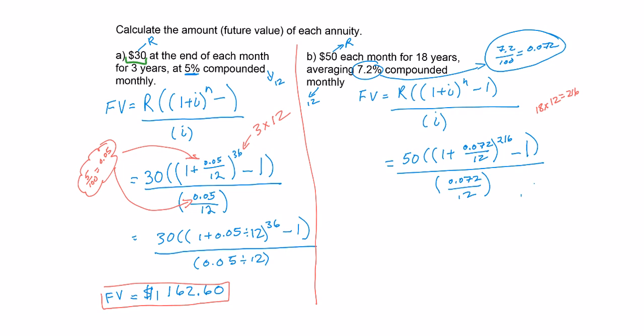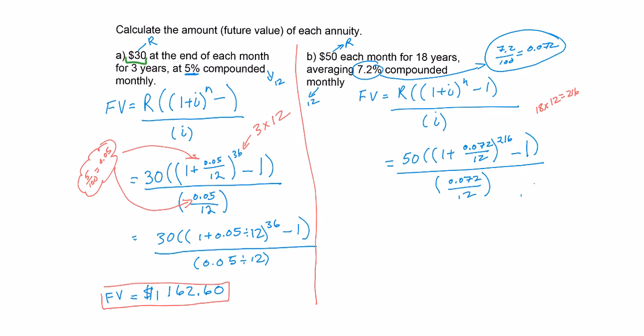So remember, on your calculator, you're going to type in 50, bracket, bracket, 1 plus 0.72 divided by 12, end bracket, raised to the 216, subtract 1, end bracket. And then divided by, bracket, 0.72 divided by 12, end bracket, and then hit enter.